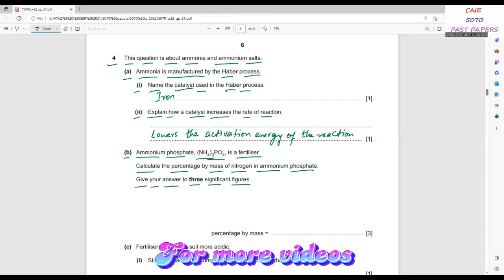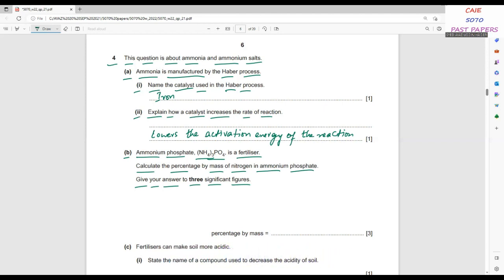First of all, we need the Mr of ammonium phosphate. So we have 3 atoms of nitrogen. So we'll multiply 3 by Ar of nitrogen, which is 14. 3 multiplied by 14, 42. We have 12 atoms of hydrogen, because 4 multiplied by 3, we will get 12.